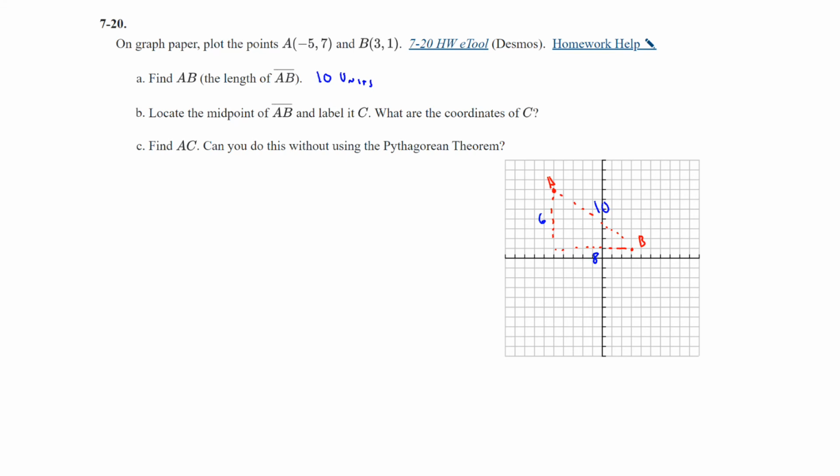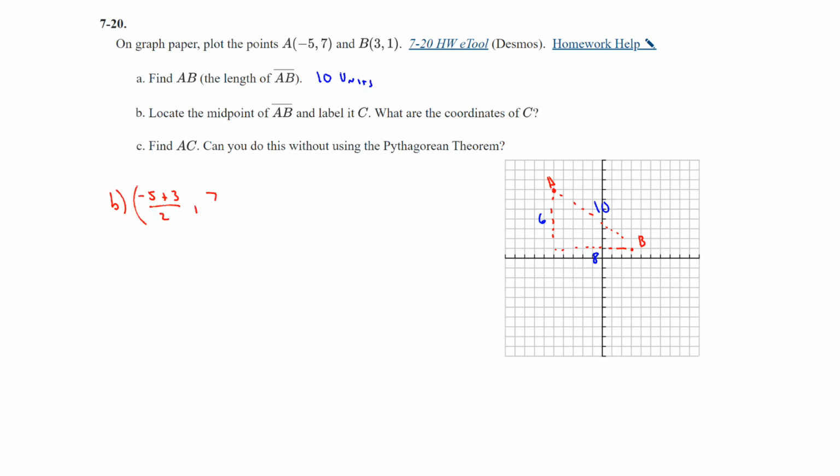We want to locate the midpoint of AB and label it C. What are the coordinates of C? So one way you can find the midpoint is to think of it as the average of the 2. So we can take your x coordinates of -5 plus 3 and divide that by 2.